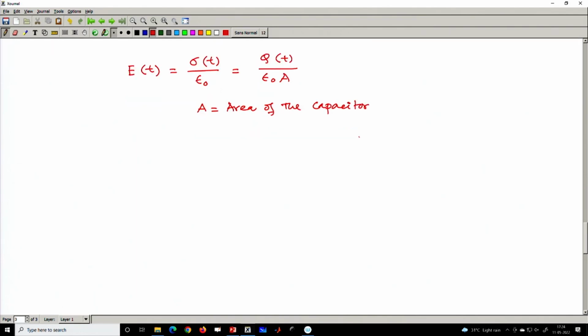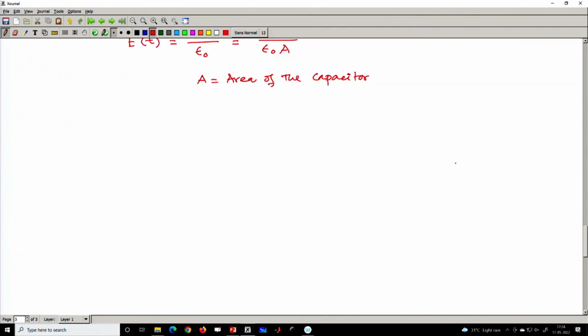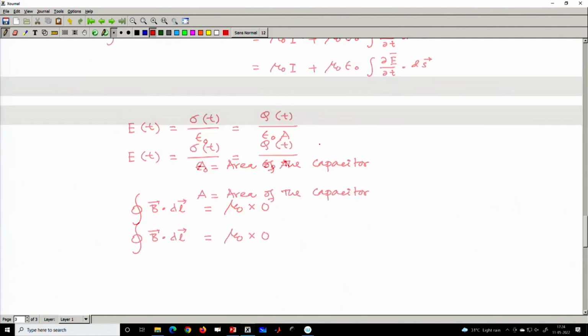So, B at the point, so what should be the value of the B? So, if I want to find out B, then I should use this expression. I should have the closed line integral of B dot dl, and then I should have mu 0, and I am saying the current is 0. So, I should have 0 because I current is not there, right.